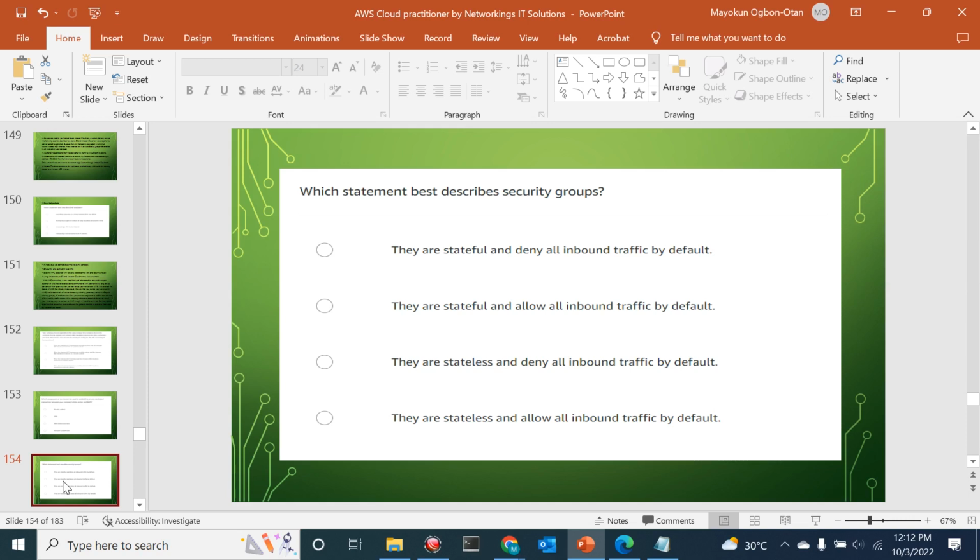If they allow traffic in, it means just anyone can access the resources. Fantastic. So it is stateful and they deny all inbound traffic by default. If you go through yesterday's lesson, once you come in, you don't need to log in again.